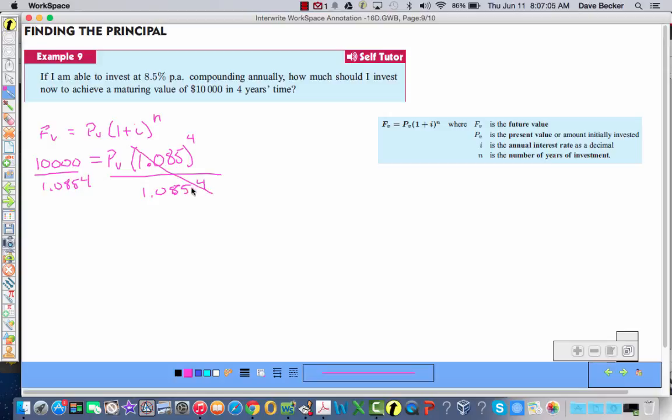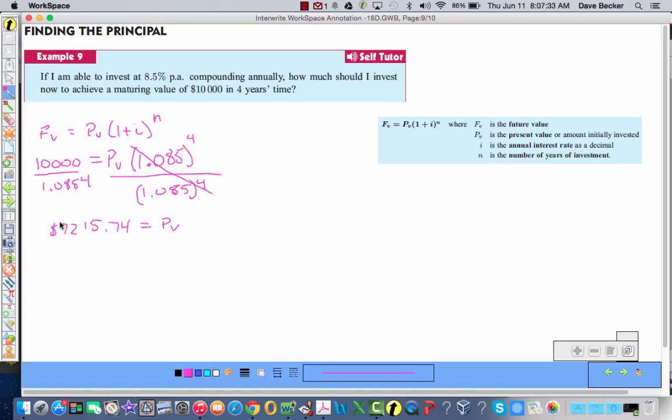Kapow, search and destroy. And so the amount I should invest is equal to 10,000 divided by 1.085 to the fourth. Rounded to the nearest hundredth, that turns out to be $7,215.74, and that is equal to the amount that should be invested to reach this particular goal.